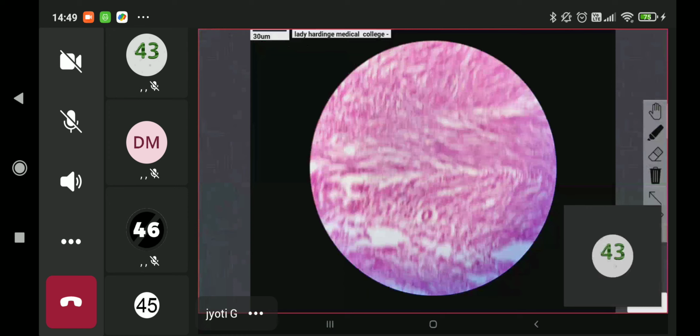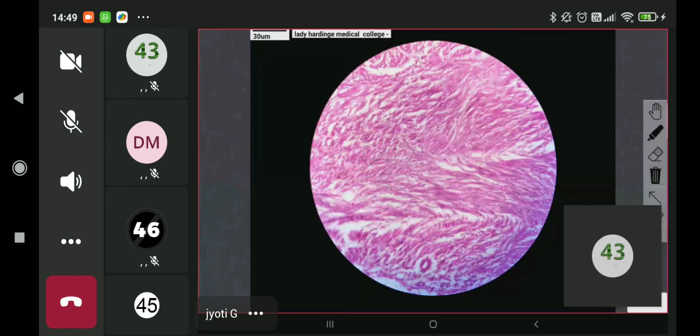Can you see this fascicle now here at higher power? This is the fascicle. It is going like this in a bundle. So this is a case of leiomyoma of uterus.